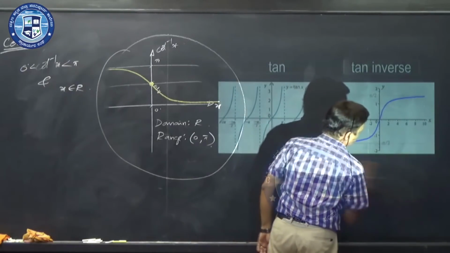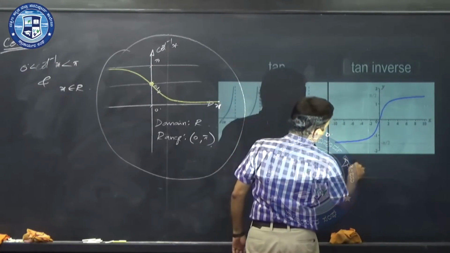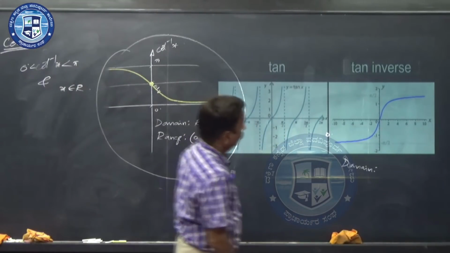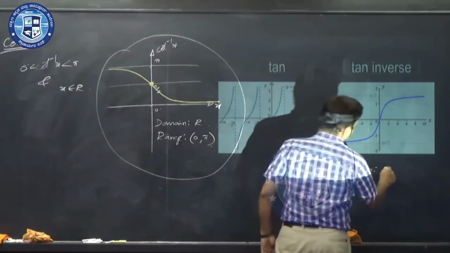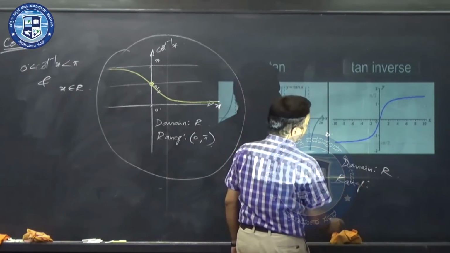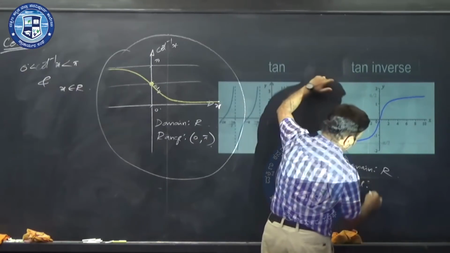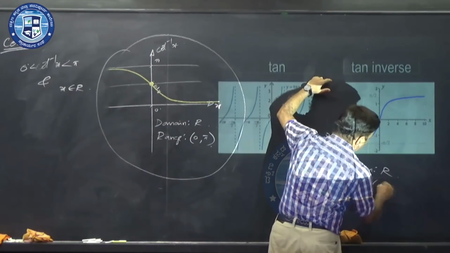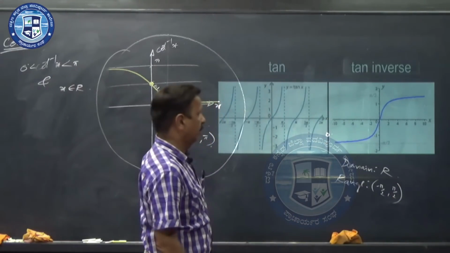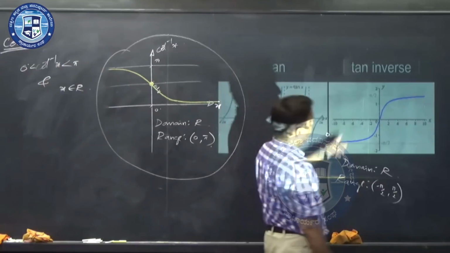The domain means the different values of x, it can be any real number, and the range can be any value between minus pi by 2 and plus pi by 2, open interval, because it cannot take pi by 2 or minus pi by 2.